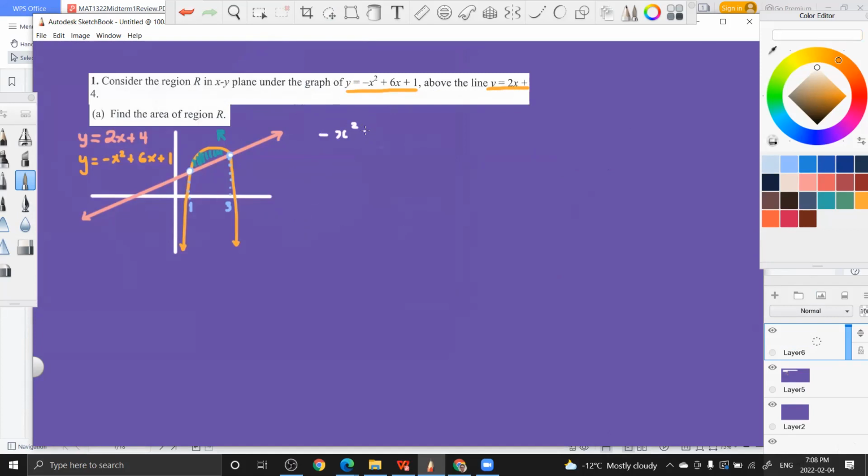So negative x squared plus 6x plus 1 is equal to 2x plus 4. Then you can bring all of this to the left side. So negative x squared plus 6x plus 1 minus 2x minus 4 is equal to 0. Then this gives you negative x squared plus 4x minus 3 is equal to 0.